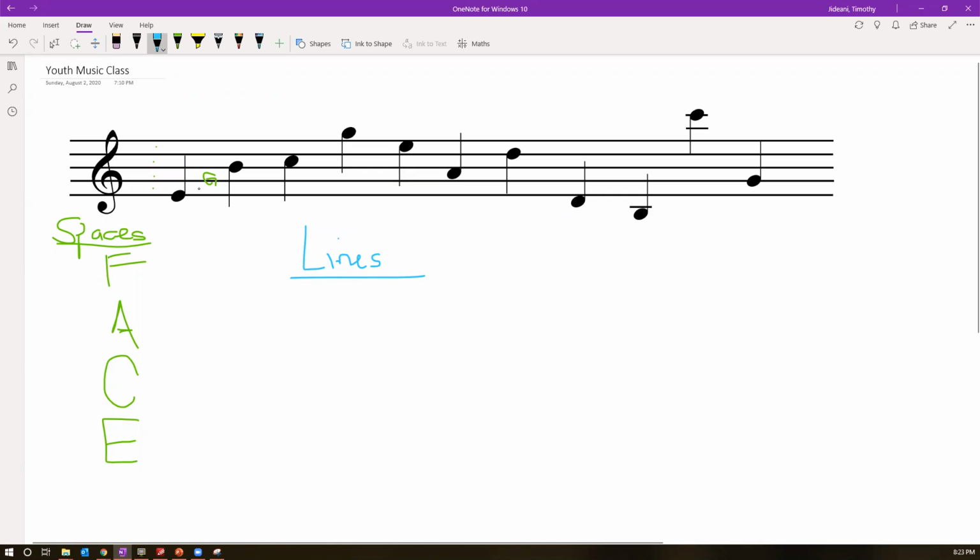One easy way to remember is, if this is our space, this is F, and that's G. Going down the alphabet, that's G, F, E. So the first one is E. Always remember we're going from the bottom to the top when we're reading music, and our mnemonics always start from the bottom to the top.